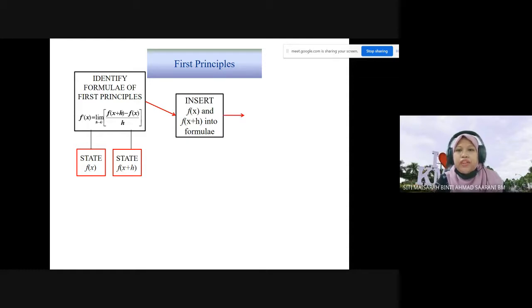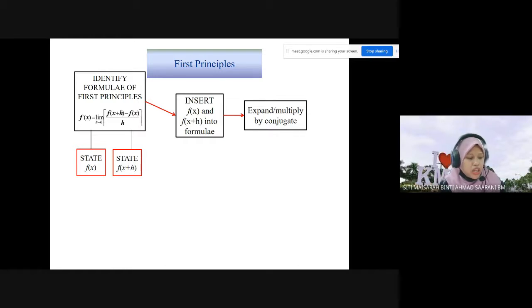And then after that, we expand or multiply by conjugate. If we have, let's say, a quadratic, we can expand. If we have a surd, we are advised to multiply by conjugate. Nanti kita tengok dekat example lah.